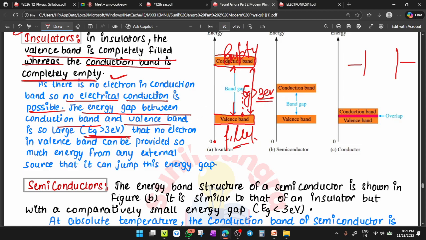No electron in the valence band can get so much energy from any external source to jump across this gap. So it cannot transit from the valence band to the conduction band, and no current will flow through an insulator.